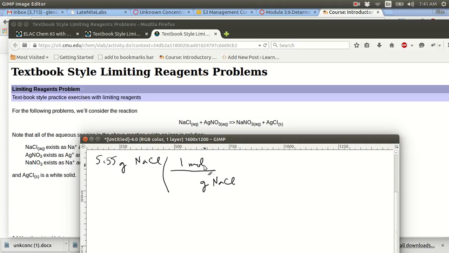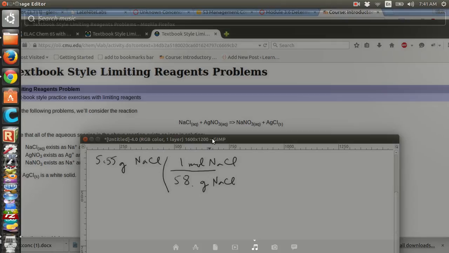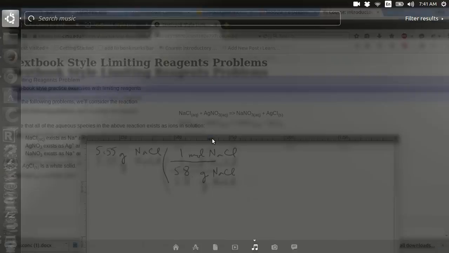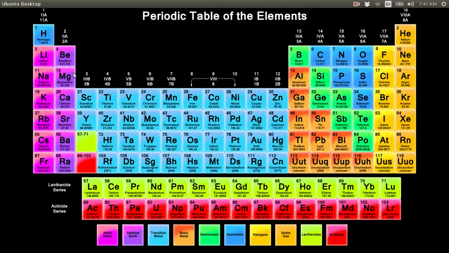In 1 mole of sodium chloride, there are about 58 point something grams. How do I know? I must use the periodic table. 23.0 plus 35.5 is 58.5.